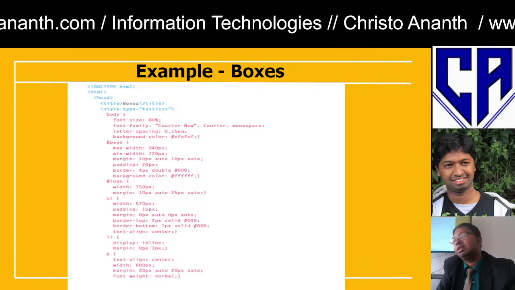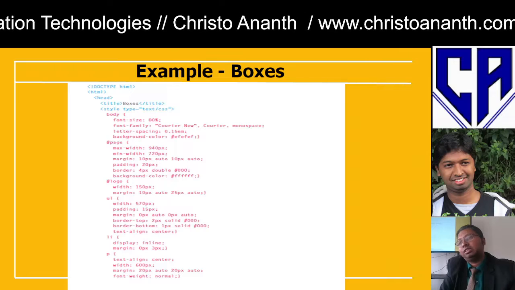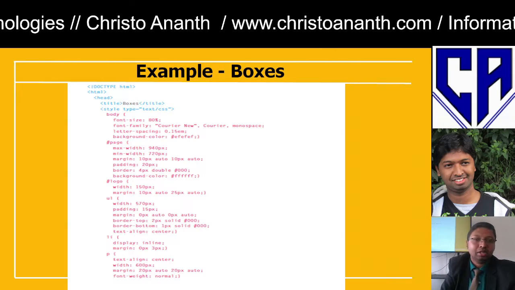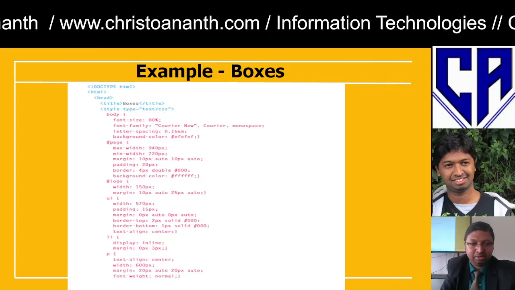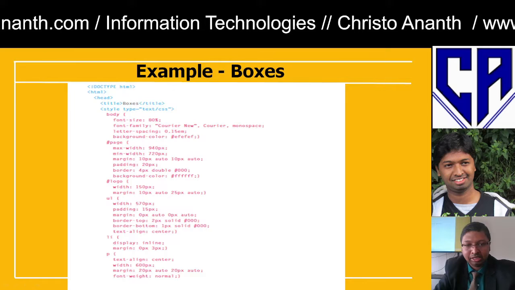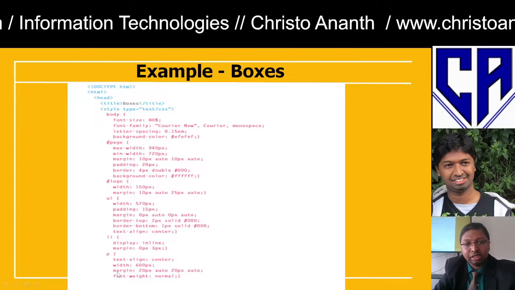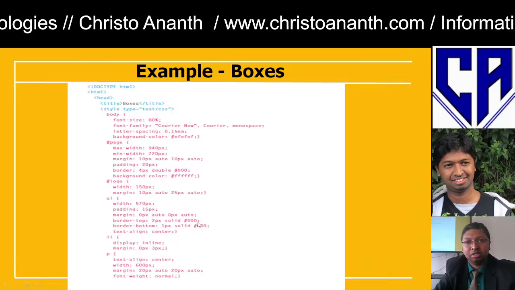UL, what is UL? Unordered list. What is the LI tag? List item tag. And P is the paragraph tag. You can specify the text alignment center with 600 pixels, margin 200 pixels auto, font weight normal.